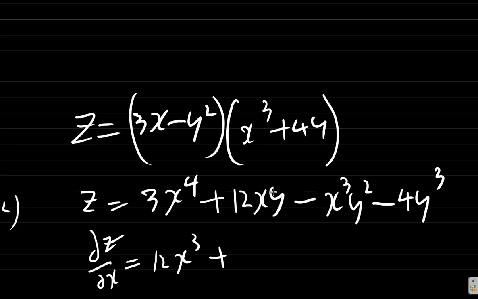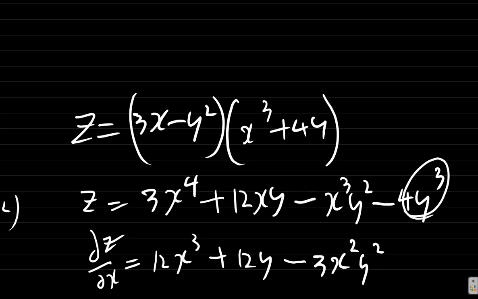When you differentiate that, you're left with the number 12y. Alright? Minus now, differentiate with respect to x, you bring the 3 down. I have 3x to the 3 minus 1 is 2, y squared. Here you don't have any x at all, so this goes to 0.